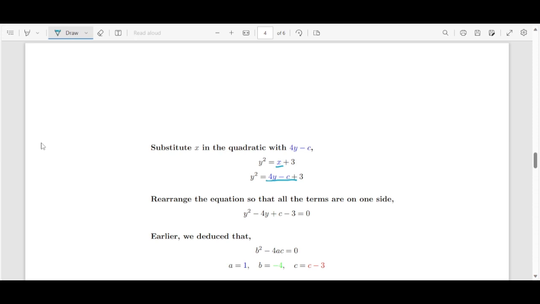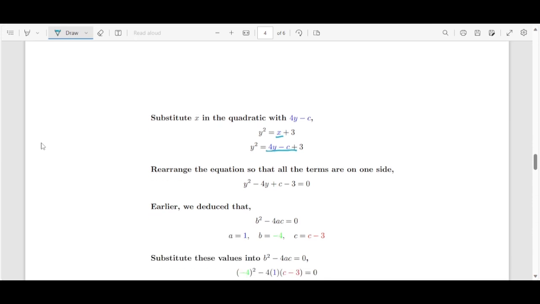Now let's rearrange this equation and put all the terms on one side. And remember, we're trying to get it into the form ax squared plus bx plus c, so that we can deduce the values of a, b, and c and substitute them into the discriminant.